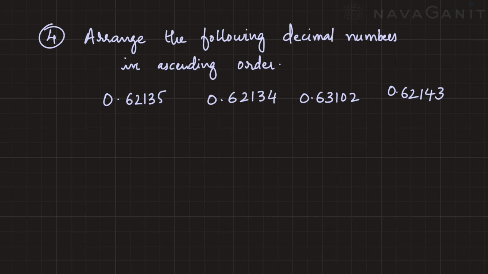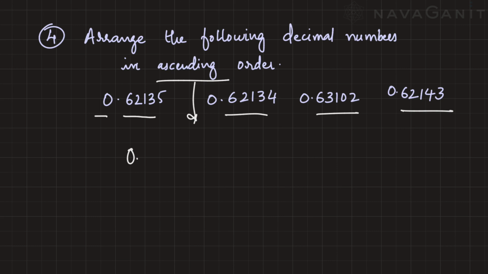Next problem, I have 4 decimal numbers and I need to arrange them in ascending order. Ascending order means increasing order. So what do I do? See, towards the right of the decimal point, I'll check each digit.